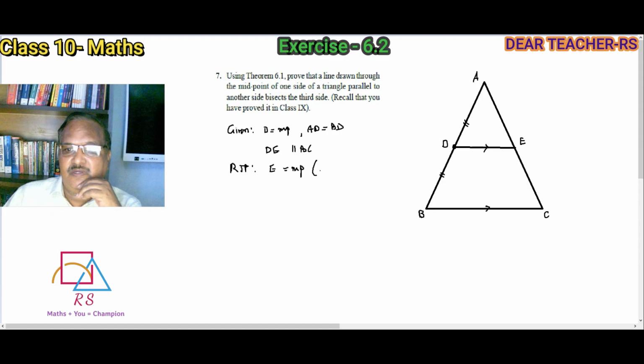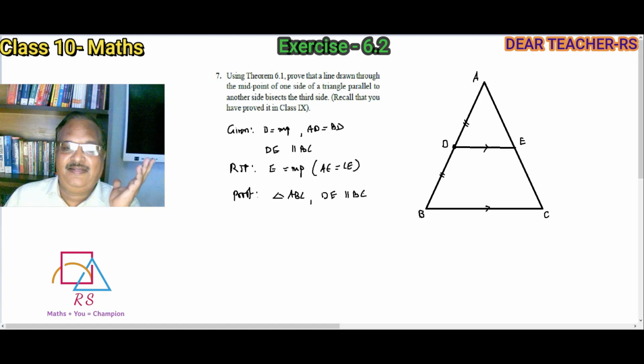That means you have to prove AE is equal to CE. Now there is a triangle ABC, and there is a side parallel to one side, DE is parallel to BC. Without thinking any, directly apply basic proportionality theorem.